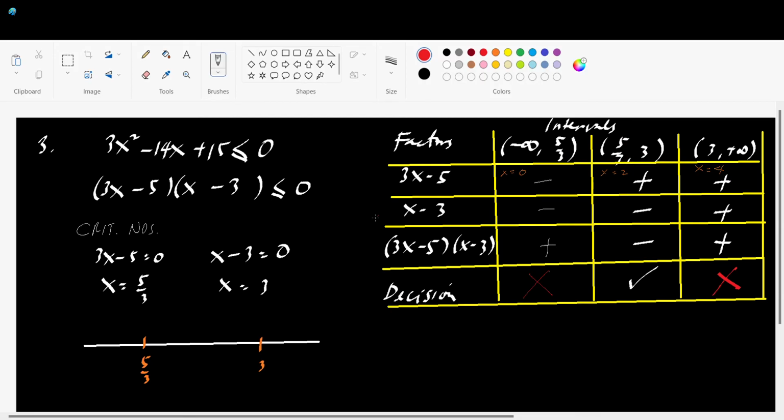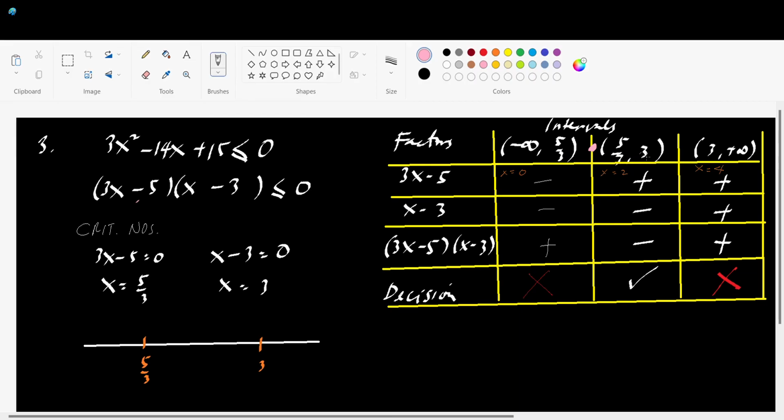But notice that it is a non-strict inequality. So what we do is we check the endpoints. No? The endpoint 5/3. If x is 5/3, what will happen to 3x minus 5? It will become 0 multiplied by x minus 3. That will still be 0. Is 0 less than or equal to 0? Of course. No? So that means that the endpoint is included.